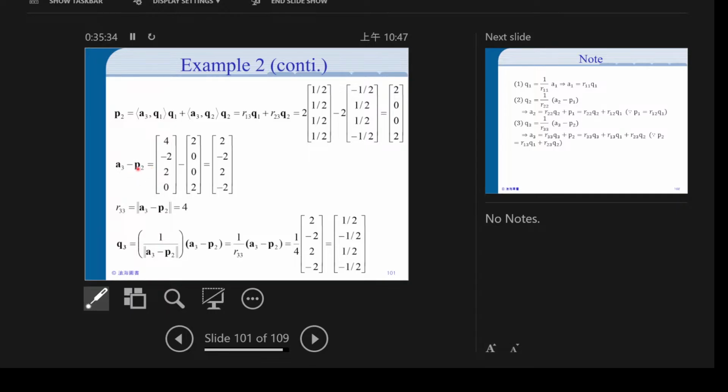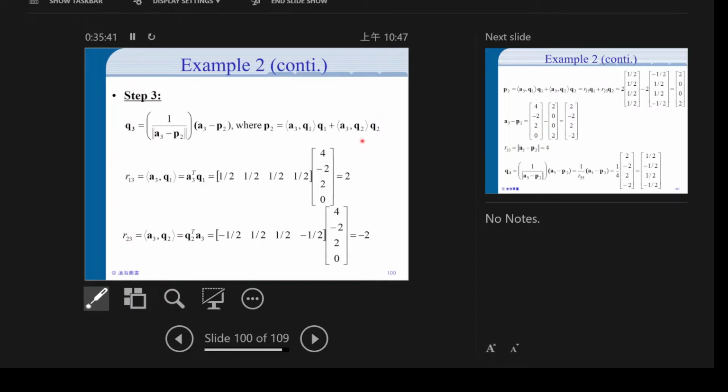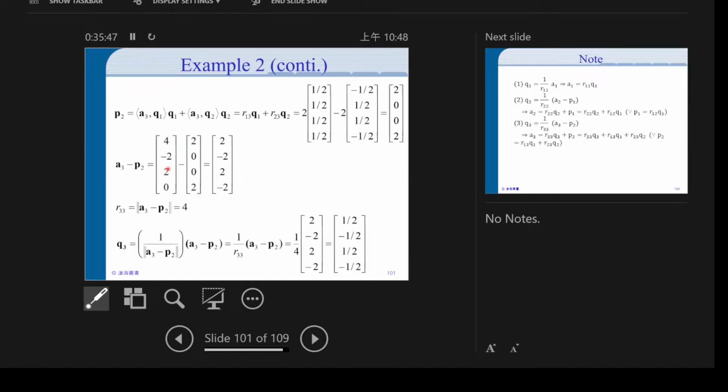So this is P2, and there are many steps. We are only onto P2, then we need A3 minus P2. A3 is this vector, minus P2, so it's 4 minus 2 is 2, and 2 minus (-2) is... with 2 here and -2 there.